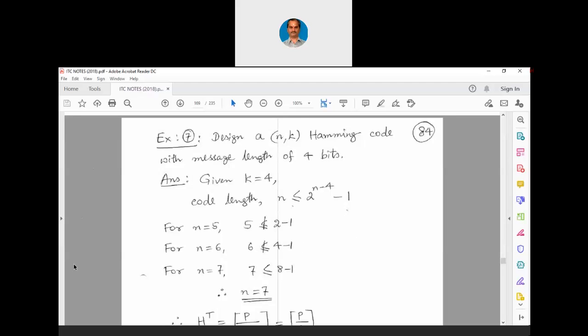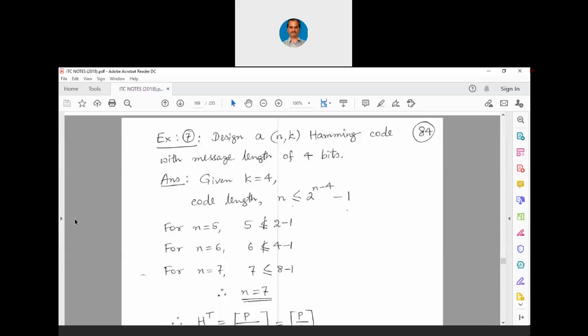We cannot accommodate only 2 check bits. Now for n equals 7, 7 is less than or equal to 8 minus 1. Now that is satisfied. 7 is equal to 7. That is satisfied. It means for a 4-bit data vector, we can have 3 check bits.